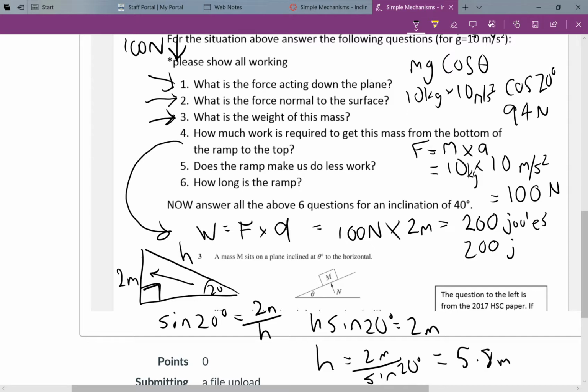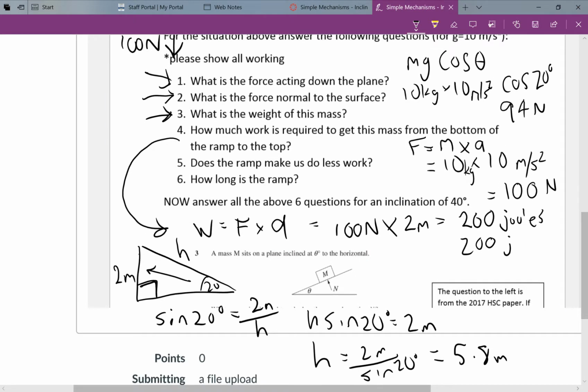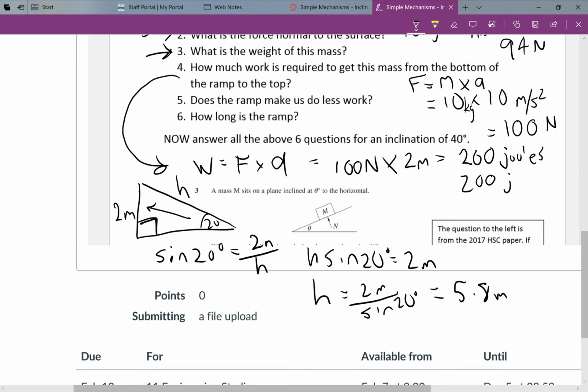And if I was to take that 5.8 meters and multiply it by the force acting down the plane, which is 34.2, you would end up with a figure that's approximately 200 as well. Not quite 200 because these were approximations, but close enough. So it's the same amount of work, just a longer distance.